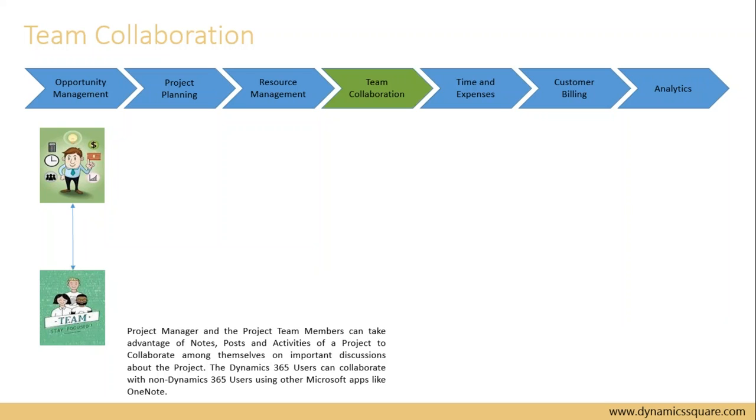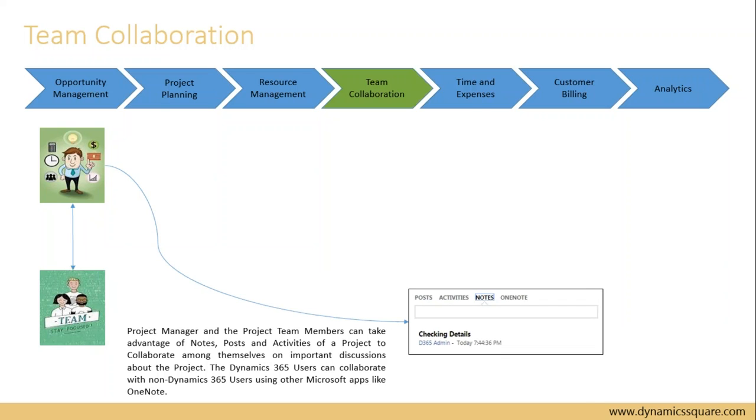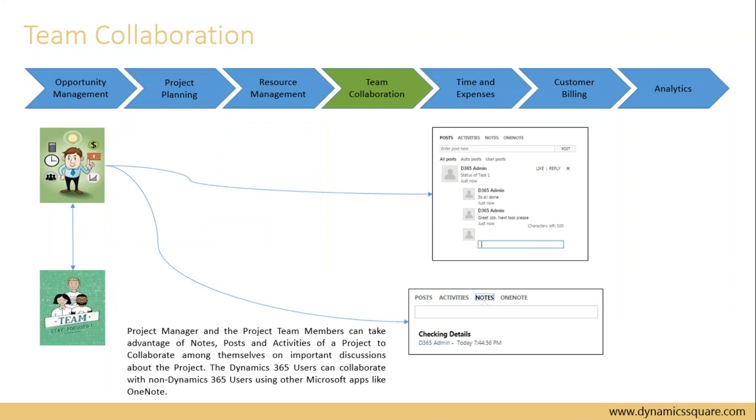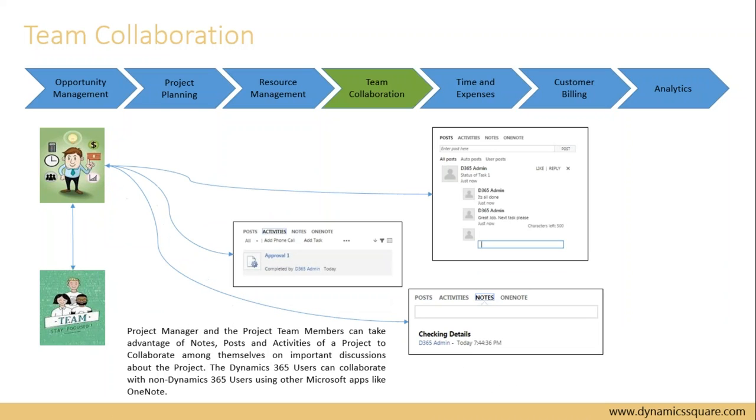Tools like notes, posts, and integration with OneNote enable the project team members to have access to all the details of the project even if they do not have a project service automation license with them.